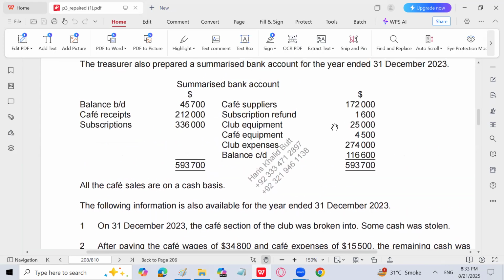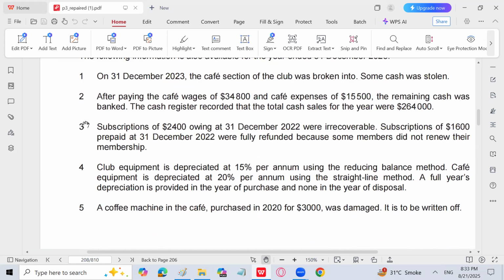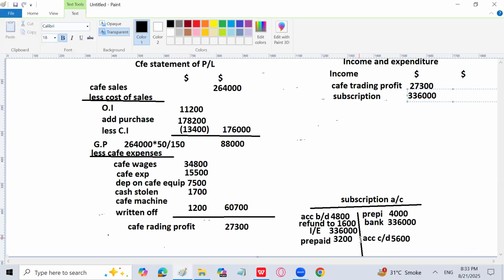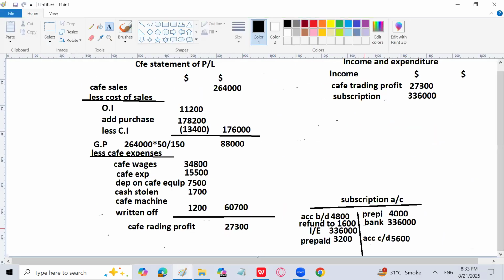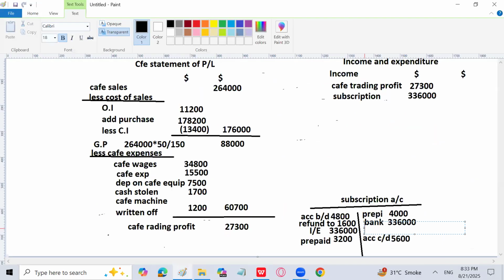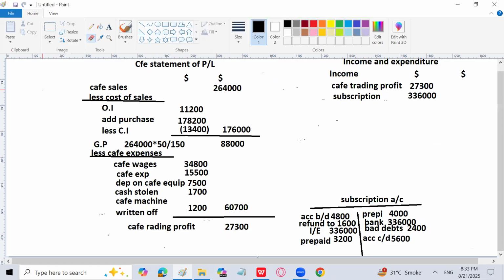The refund we have already written, 1,600 bank to subscription, but 2,400 was irrecoverable. I didn't write it, so I have to write it here. That is the bad debts subscription, which has become bad debts. That is 2,400. So this 2,400 will be subtracted from 3,36,000 to get the actual amount of subscription income.